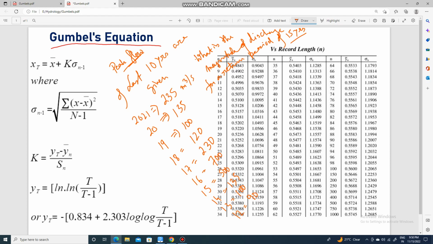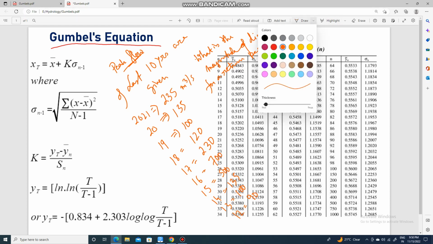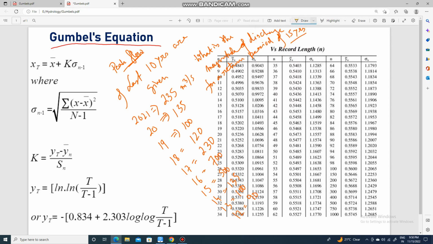As usual, the first step will be to arrange all these discharges into descending order of magnitude.